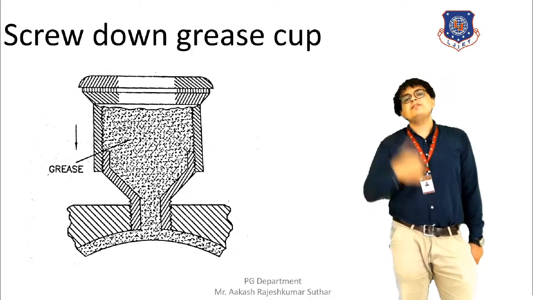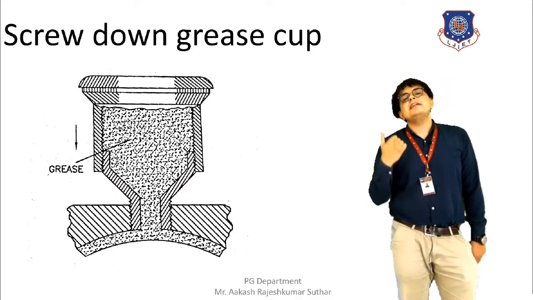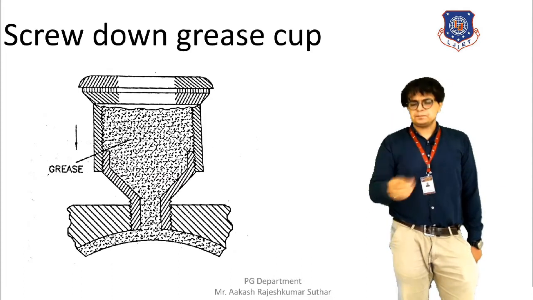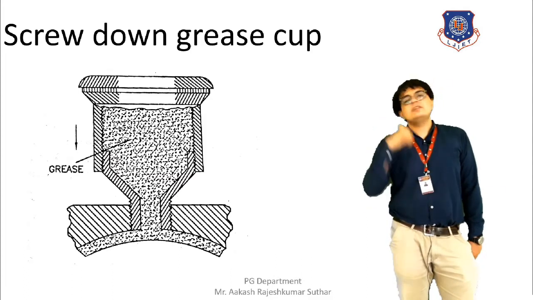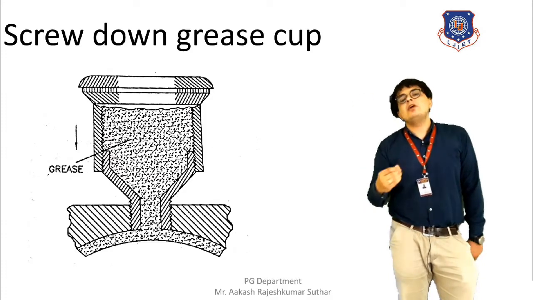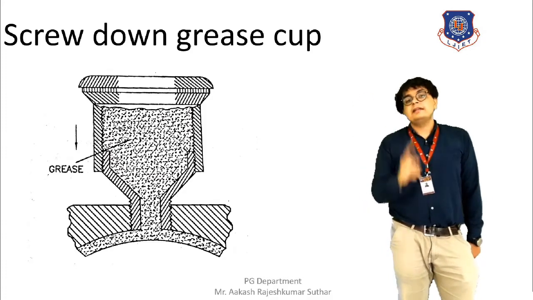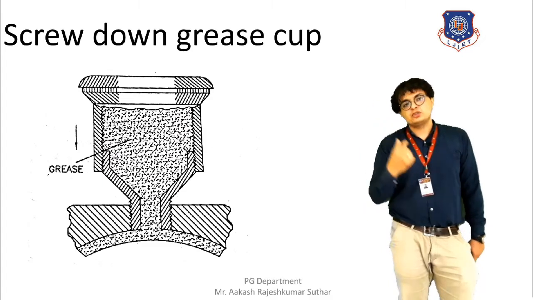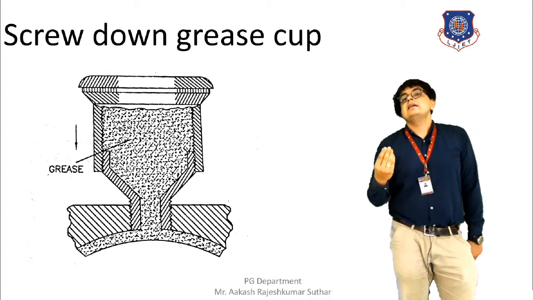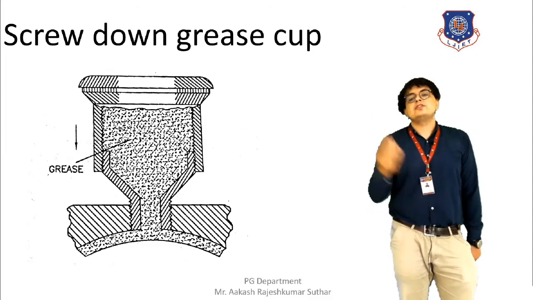Here from the figure we can see that there is an inverted cup cone where we fill the grease or the lubricant, and with the help of gravity it will move downward. Mind well that the cone is inverted, so the outlet is in the downward direction and has a smaller dimension in comparison to the other end.